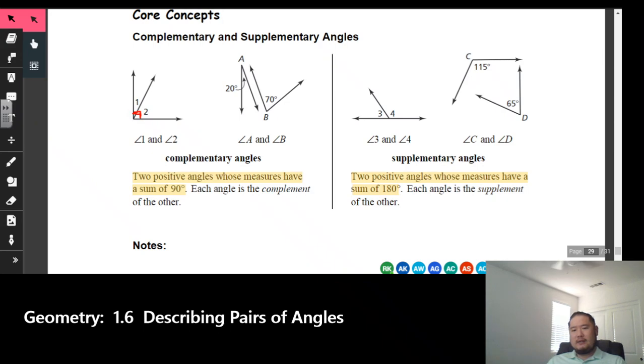If you look, there's this line. Supplementary angles form 180, which happens to be a straight line. In the second diagram right here for supplementary angles, angle C and angle D are not together, but they add up to equal 180. Therefore, they are supplementary.